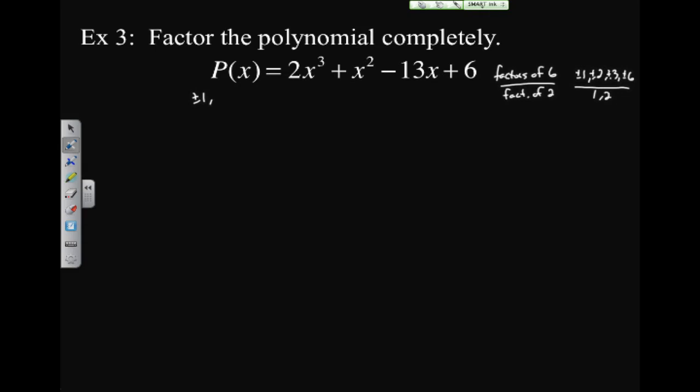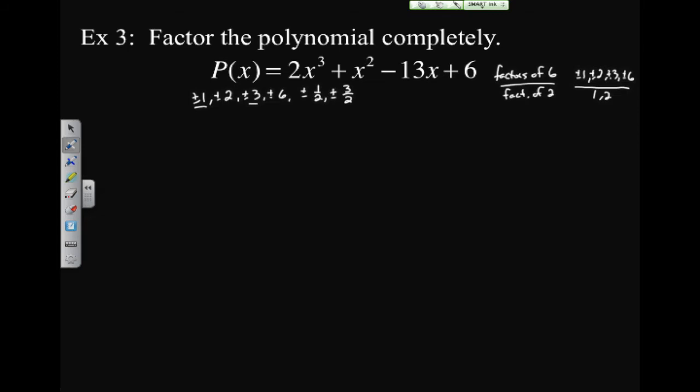Plus or minus 1, plus or minus 2, plus or minus 3, plus or minus 6, then plus or minus 1 over 2, plus or minus 2 over 2 is equal to 1, and we already have that, so I don't have to list that again. Plus or minus 3 over 2, and plus or minus 6 over 2 is 3. We've already got that, so I don't have to list that again.